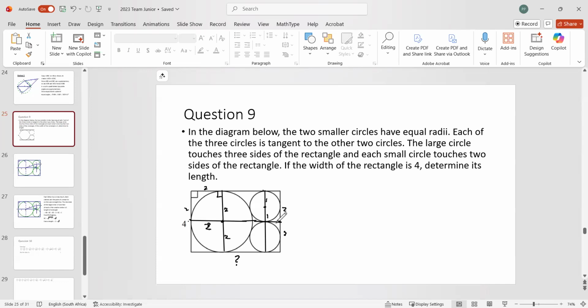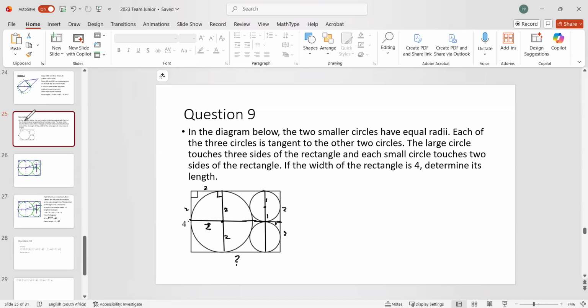But there is a 1 on this side, because this piece from here to here is the radius. It's exactly the same as that. So this is 1 at this end. So the only thing you need to do is to calculate this length here.